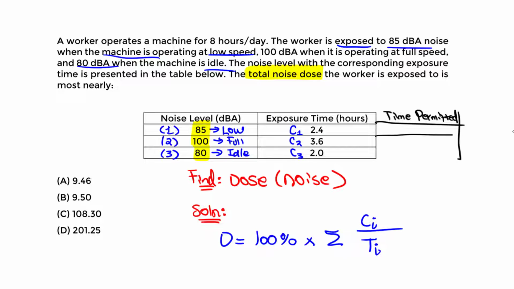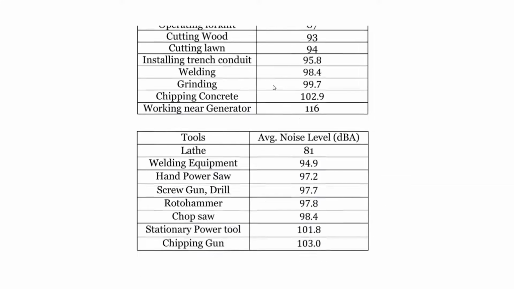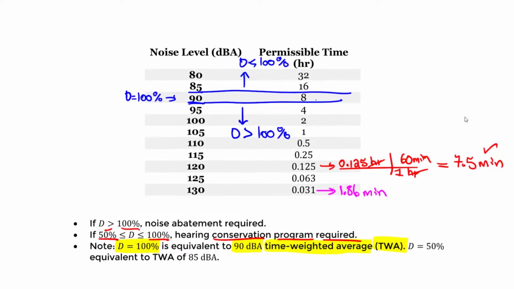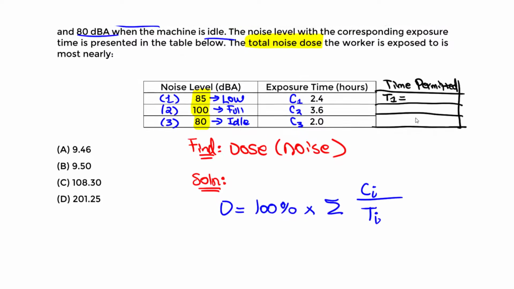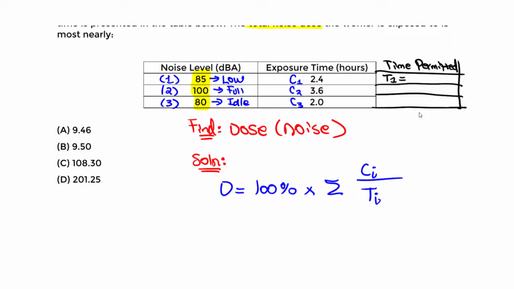T1, the time permitted for the noise level of 85, you just go to that table, and it's going to be 16. 85 is 16. I'll do the rest in the table to show you. 100 is going to be 2. And the last one at the very bottom, the smallest one of 80, is going to be 32. That's the time we will use, in hours. So keep the units consistent. These are all in hours, so these have to be in hours.